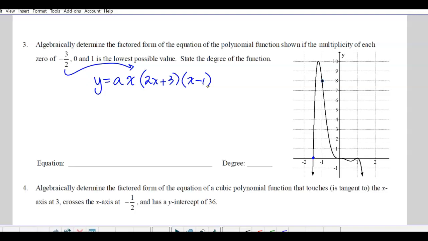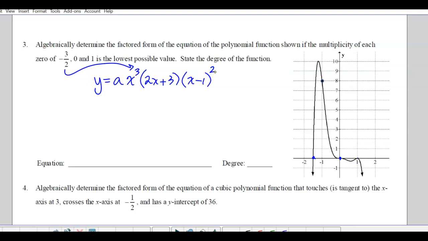It says multiplicities to be the lowest possible. Okay, so this at negative 3 over 2 is going straight through. So I'm going to keep that as is. This at 0 is zigzagging through, point of inflection, so I'll put a 3. And at 1, it's U-shaped, so I'll put a 2.